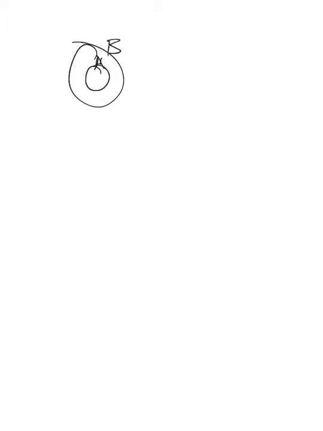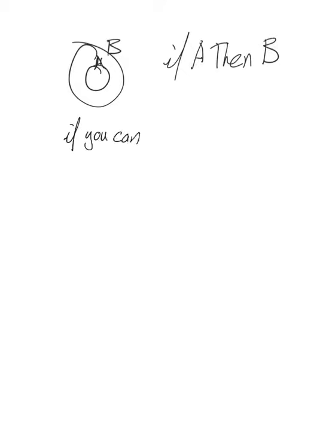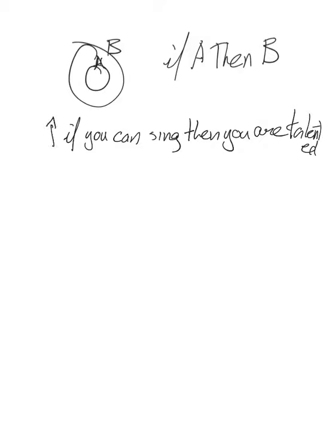We just did the all A are B. Now let's do the if A then B. So let's say that the question is, if you can sing, then you are talented. So that is the exact same form that we just saw up there.